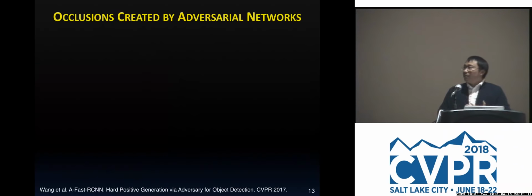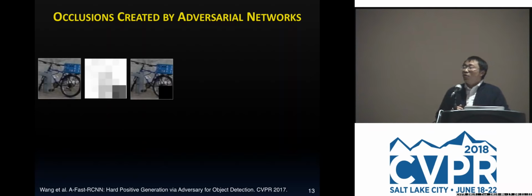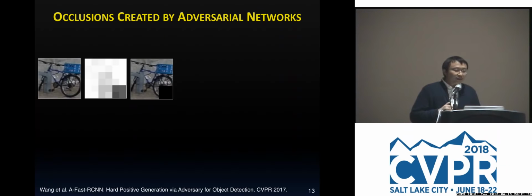So the first strategy is adding occlusions to the foreground objects in feature space. For example, for this bike, in the feature space, which is 6x6 spatially with a number of channels, we can use an adversarial network to generate a mask.